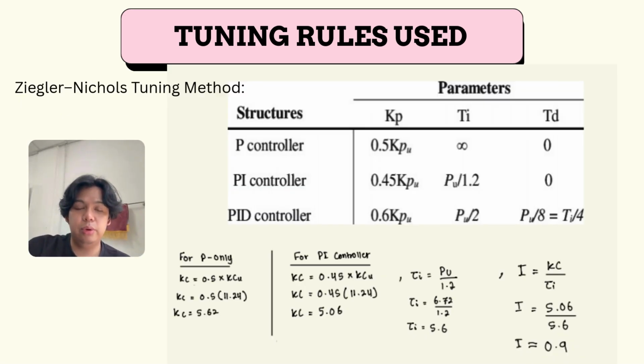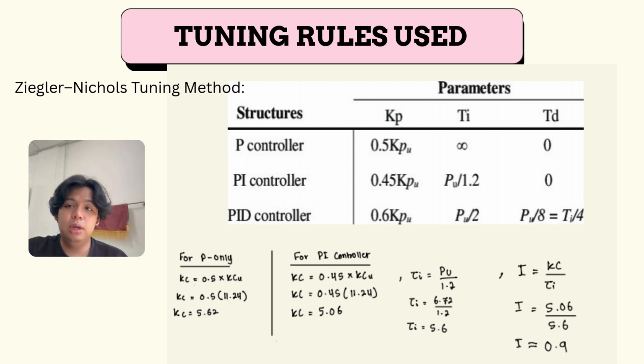The second tuning rule I use is the Ziegler-Nichols tuning method to determine the controller parameters for P and PI controllers. Based on the values we calculated earlier, the ultimate gain Ku is 11.24 and the ultimate period Pu is 6.72. For the P-only controller, we use the formula Kc equals 0.5 times Ku, which gives us a Kc value of 5.62.